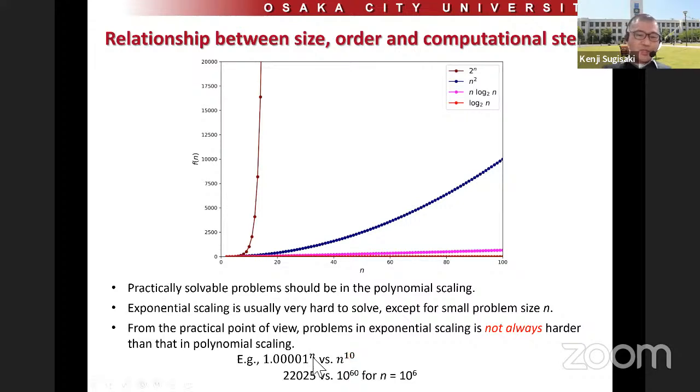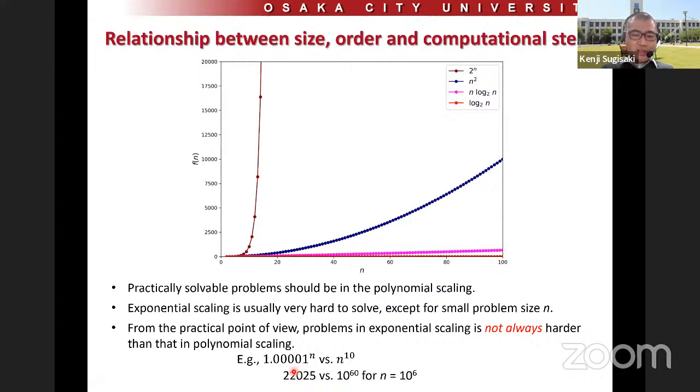So this is an example of two functions. One is 1.0001 to the nth power. This function is exponentially scaling, versus n to the 10th power, which is a polynomial scaling. But in this case, let us think about n equal to a million. The first one is about 22,000.